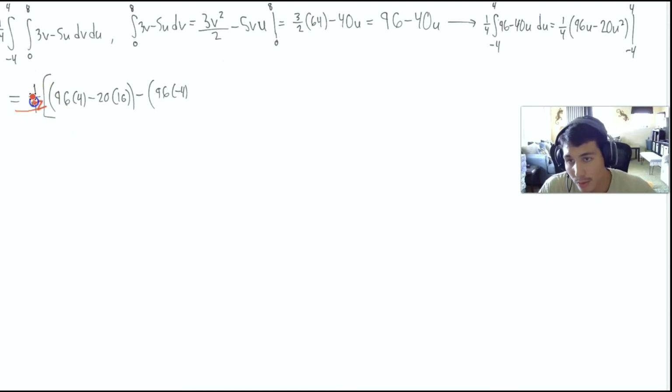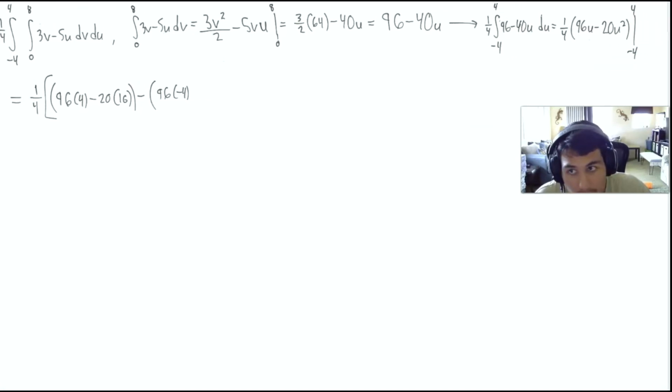It's because there's a 1/4 out here, and it'll help get rid of things. Also, when there's a 4 and a negative 4 here, if it was even and even, I would be able to just ignore this, but since it's odd and even powers, I actually do need to go the whole way here. So I will actually do everything, but then it's going to simplify nicely in a second.